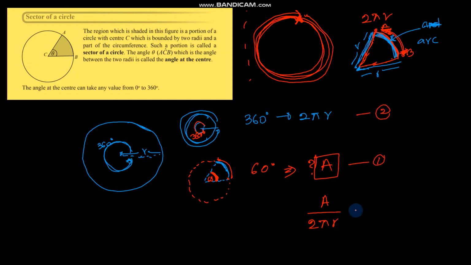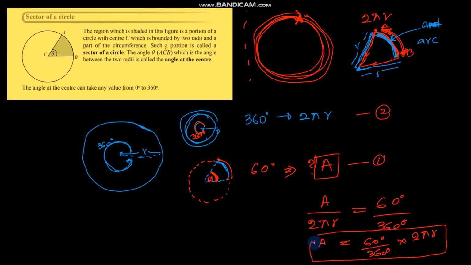This is not in your syllabus per se. So a is equivalent to 60 divided by 360 times 2 pi r.